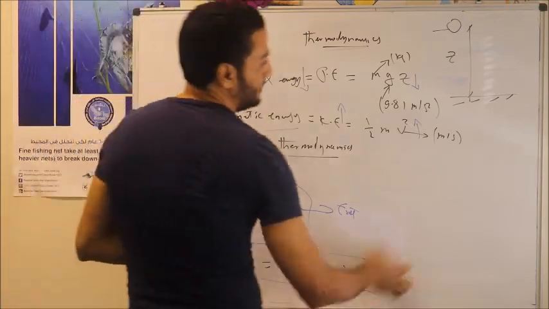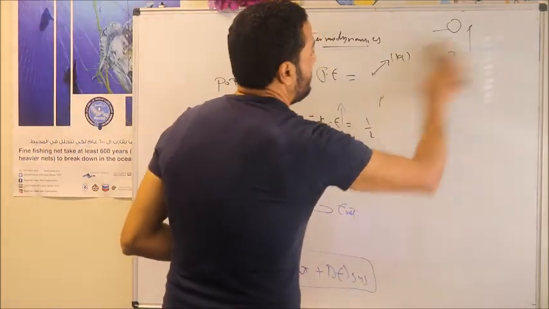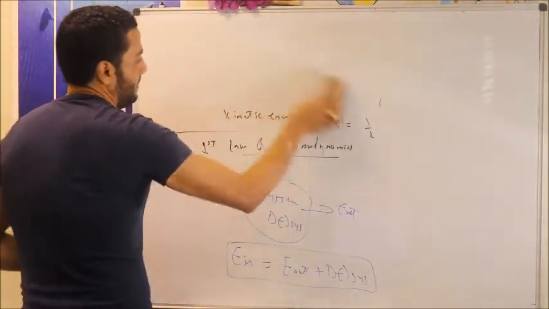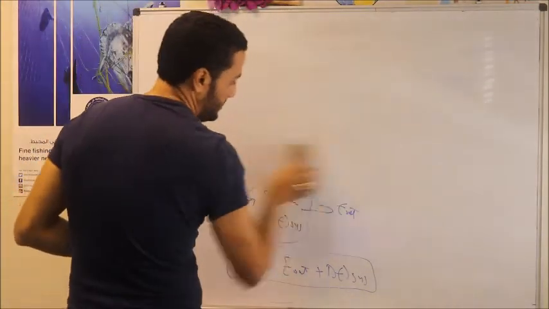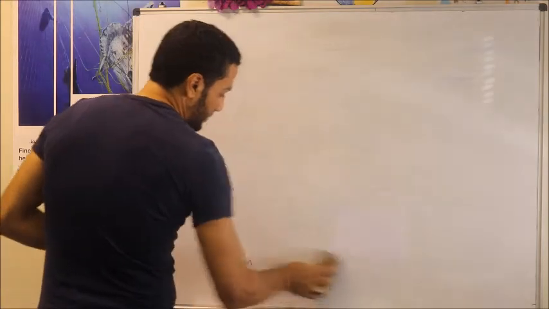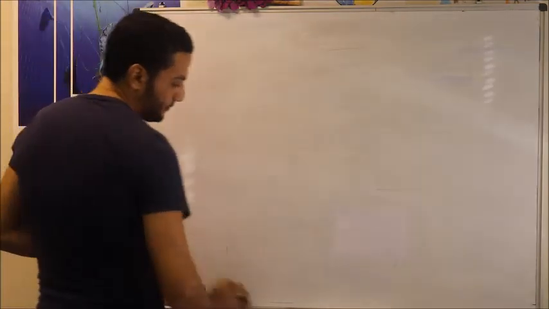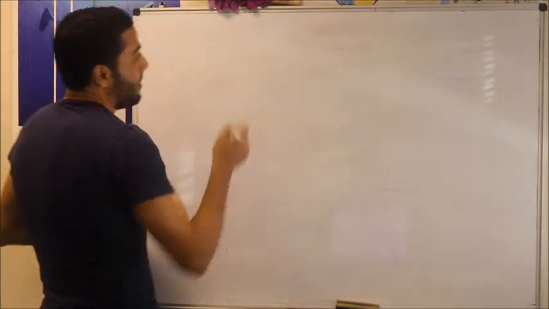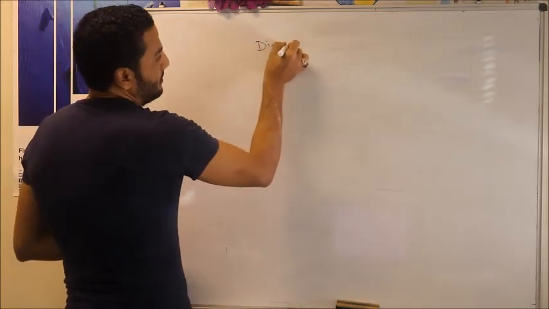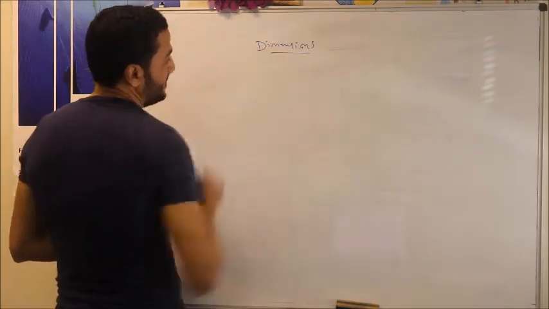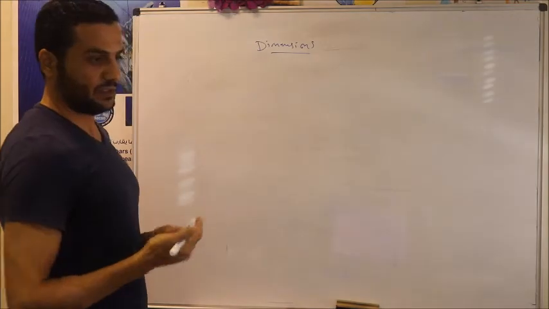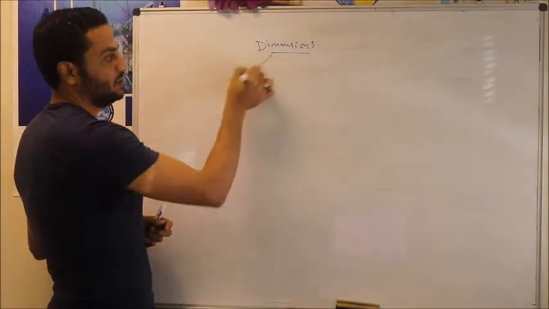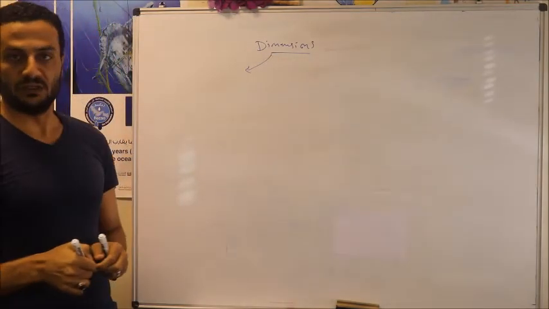Let's move to another topic, which is the introduction to dimensions and units. So for the dimensions, we have three basic dimensions, and from those three basic dimensions we can generate the dimension of any other quantity.